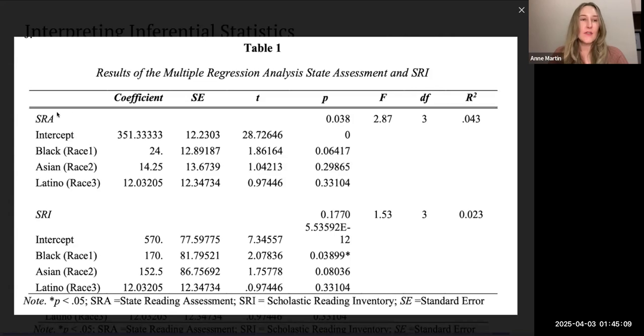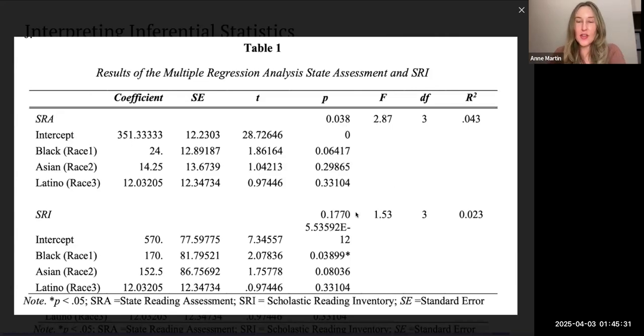So here you can see for the state reading assessment, the ANOVA did find a statistically significant relationship. And so based on that, they rejected their null hypothesis because the p-value was less than their significance level of 0.05.